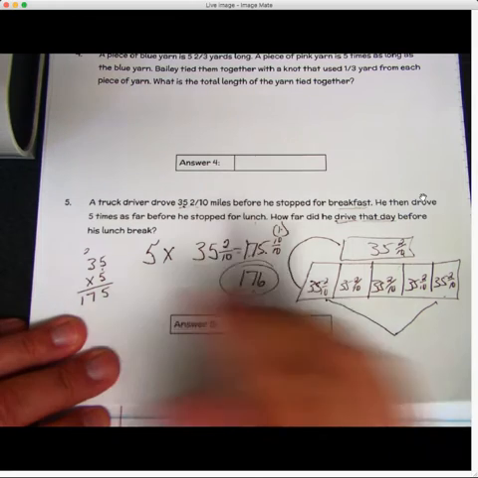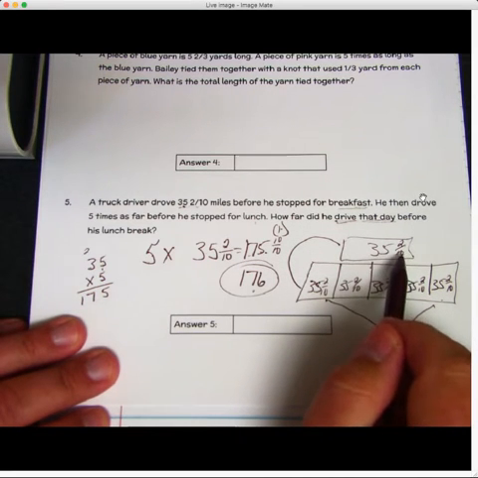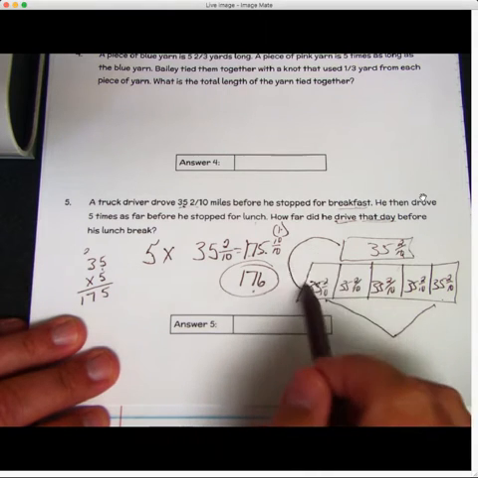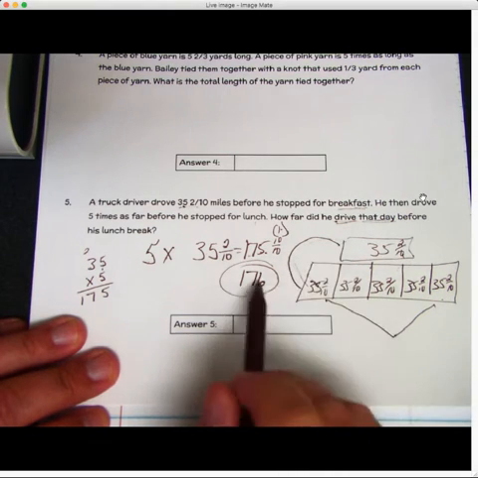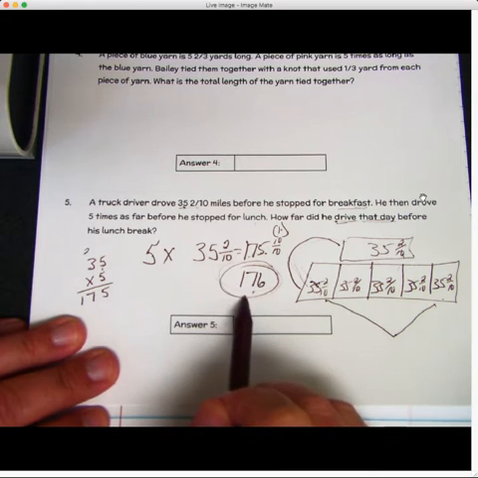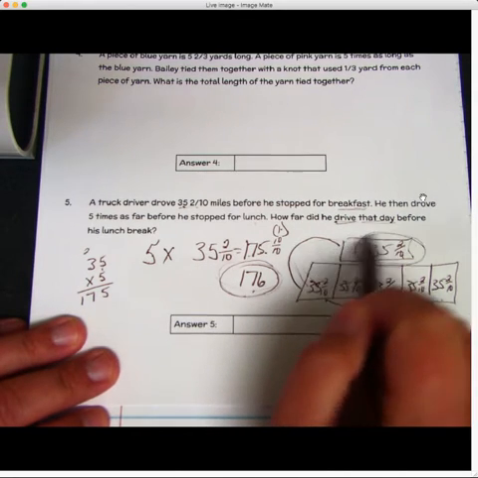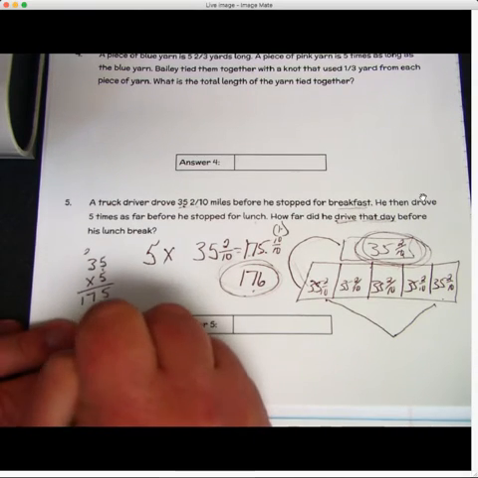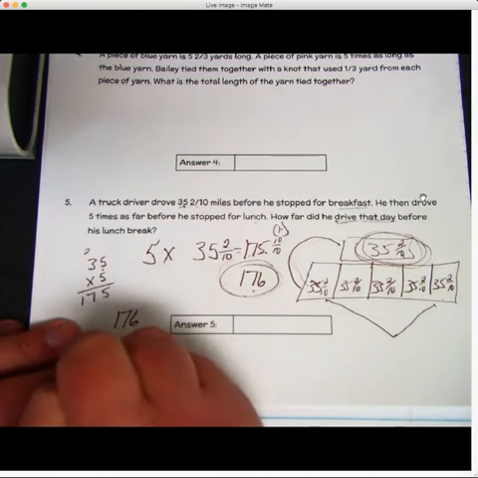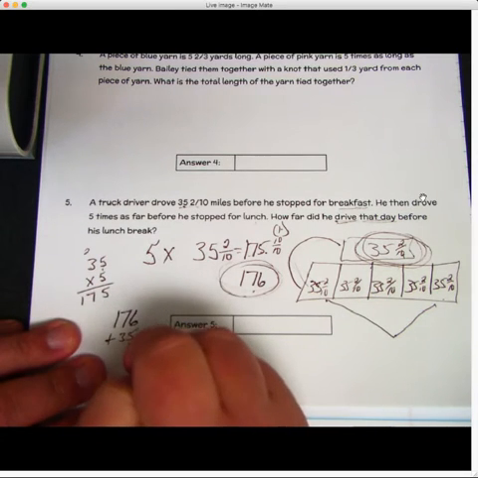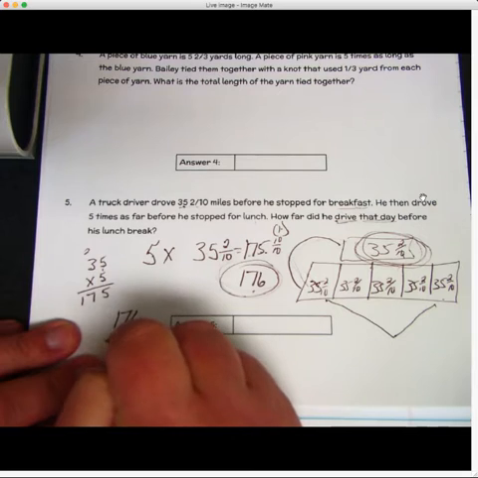But before lunch, he drove 35 and 2/10 of a mile. And so if we're looking for how much all of this is together, then I've got to add this much that he drove between breakfast and lunch to this much that he drove before breakfast. So I'm going to write that out down here. 176 plus 35 and 2/10.